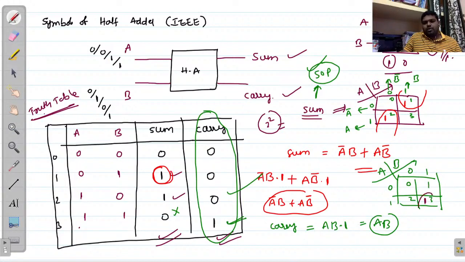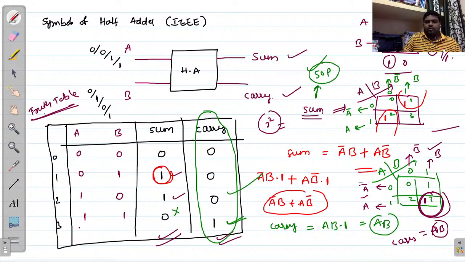So for this one only you can write the expression. This is B bar, this is B, this should be considered as A bar, and this should be considered as A. Now this entire square box is accommodated with both A as well as B. Now what is your answer? Carry equals A into B. If you take any approach, like this or like this, you will get the same answer.